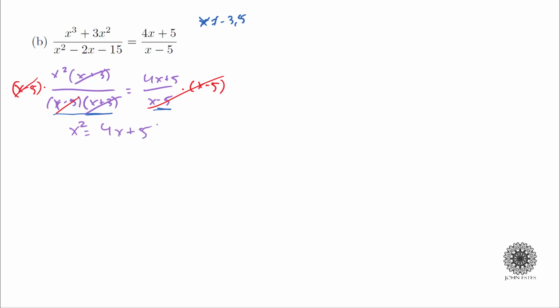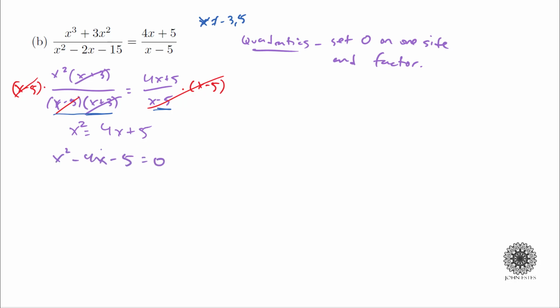For quadratics, you want to get 0 on one side. So for quadratics, and actually for higher power equations, you set 0 on one side and factor. Okay, so now I have x squared minus 4x minus 5 equals 0, where I subtracted everything over. And now I just got to factor this guy.